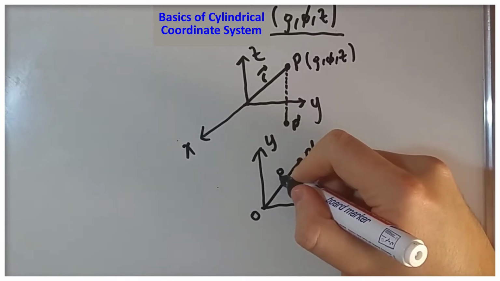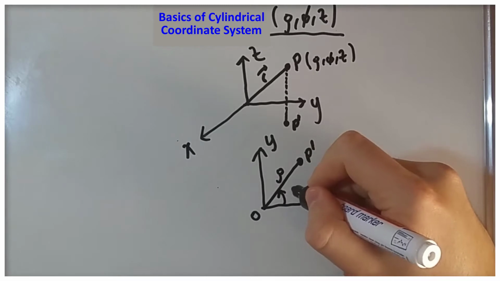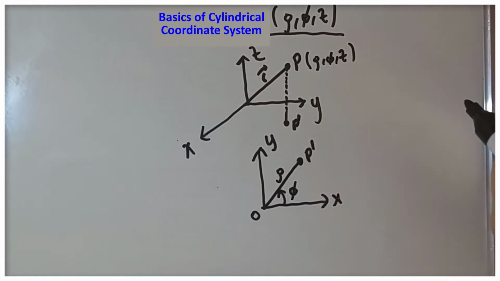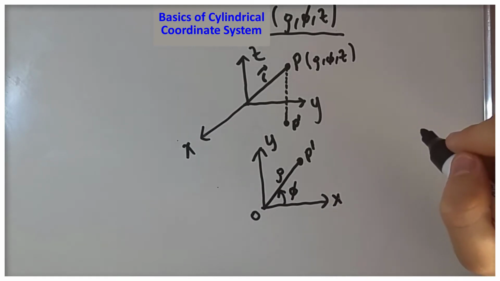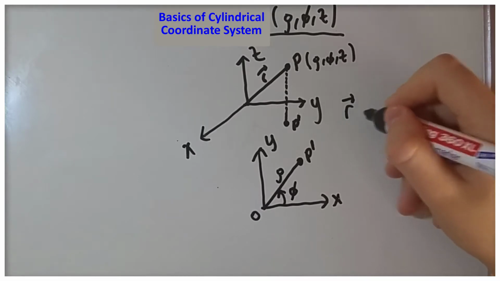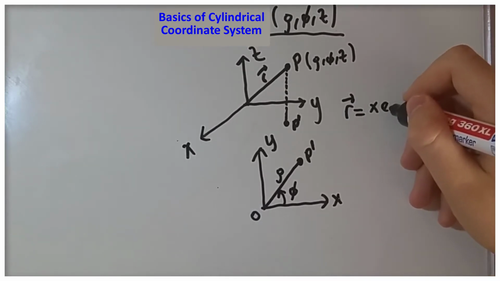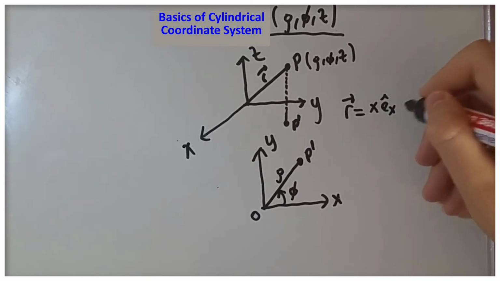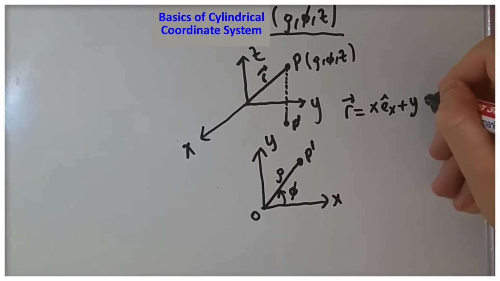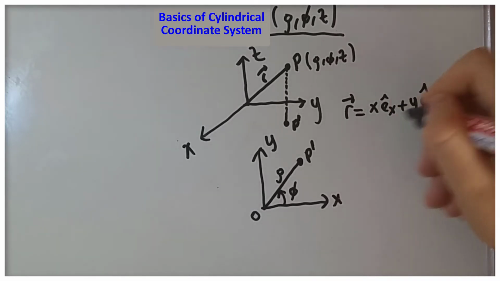Here I say that the length that rotates in the xy plane is ρ, and the angle this makes to x is called phi. We need to know this first. Then we have to define this here. We know that again, right? I have a certain length x in the ex direction, y magnitude in the ey direction, z magnitude in the ez direction.